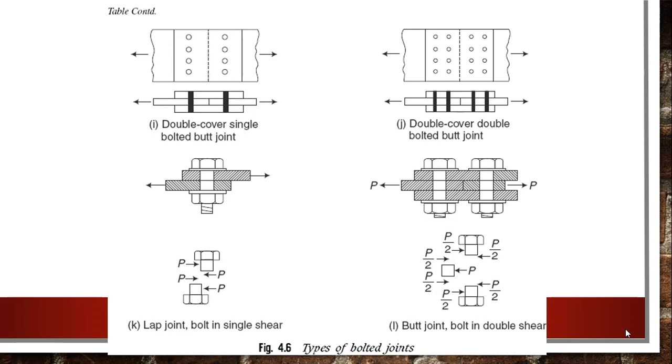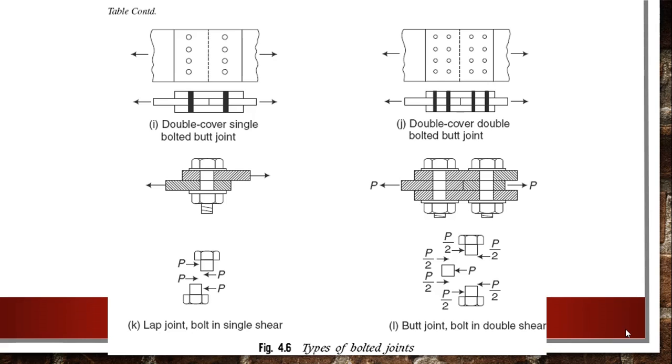Now the example of the butt joint. As you can see, in a double cover single bolted butt joint, two cover plates are provided, and they are joined with the help of bolted connection, with two rows of bolts arranged. So it is called a double cover single bolted butt joint.